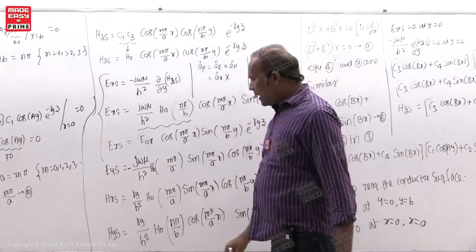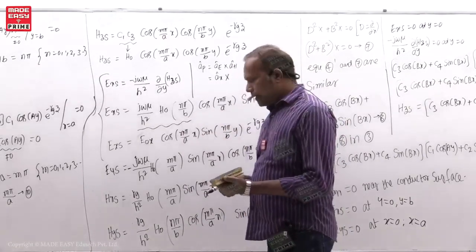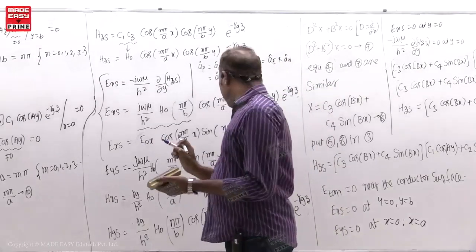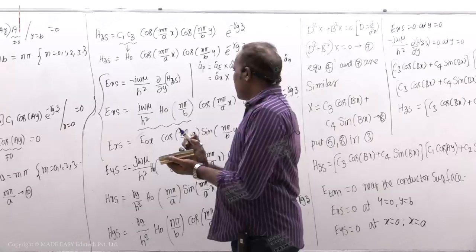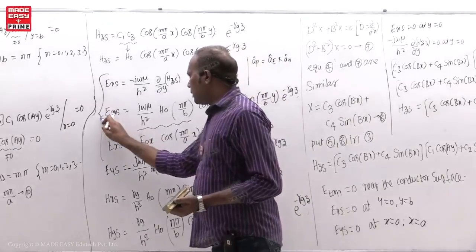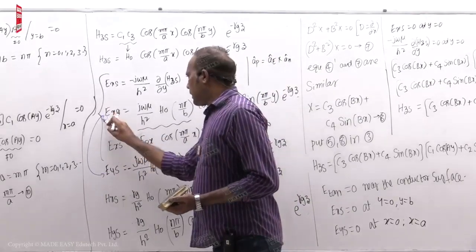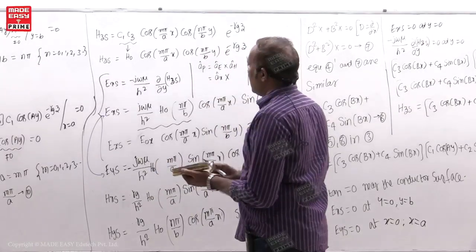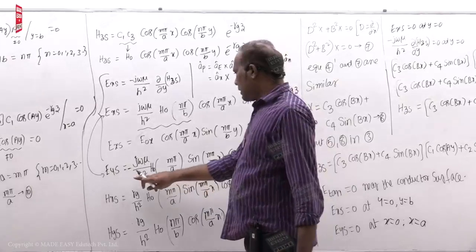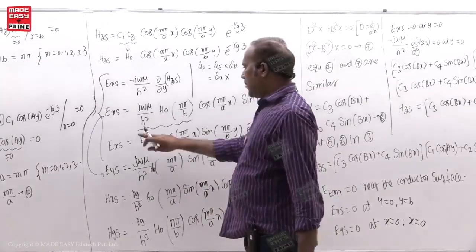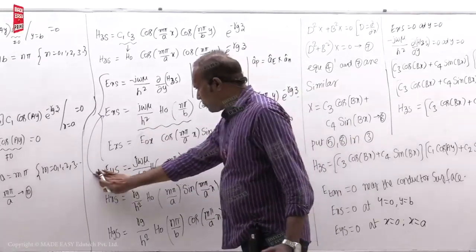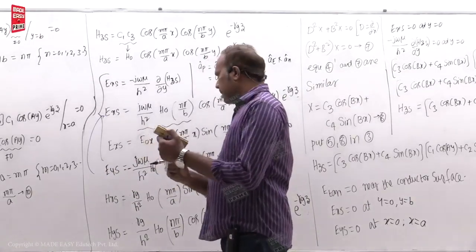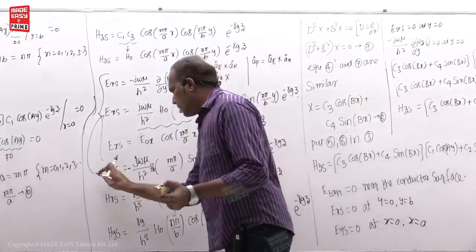Then magnetic field y component, electric field x component and magnetic field y component, like that. Somewhere something seems to be missing. Here also you should get plus, student, so that electric field x component, magnetic field y component, I am telling, this one.